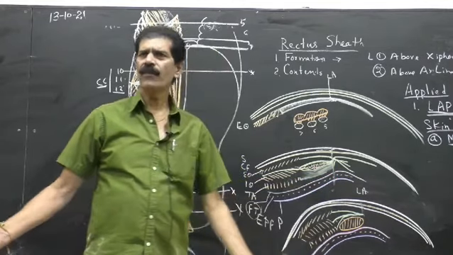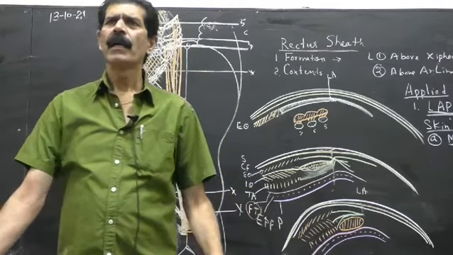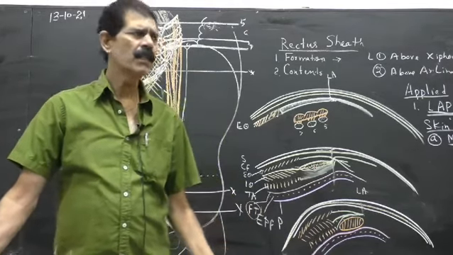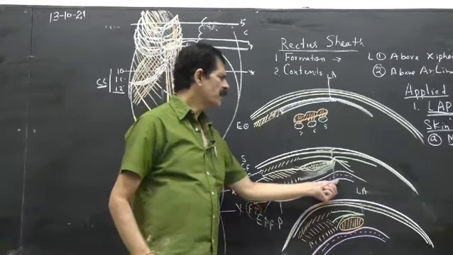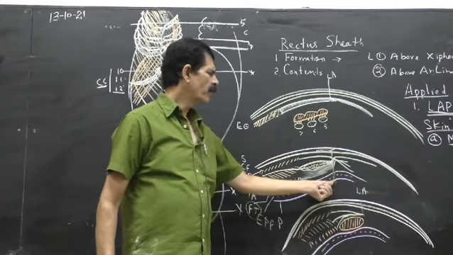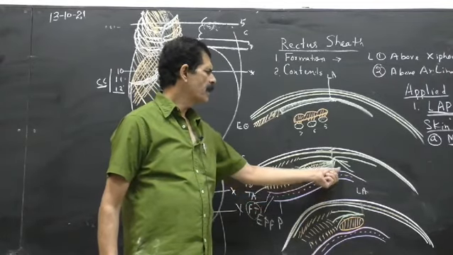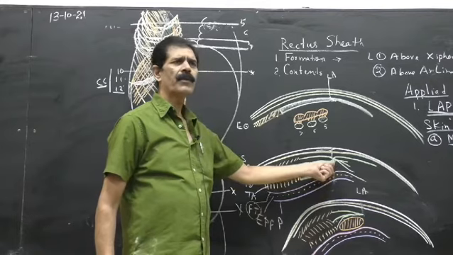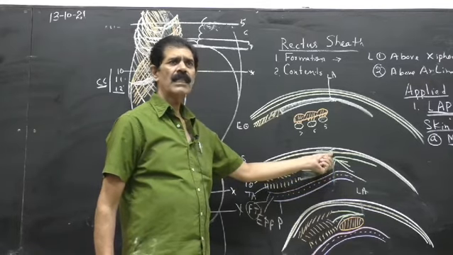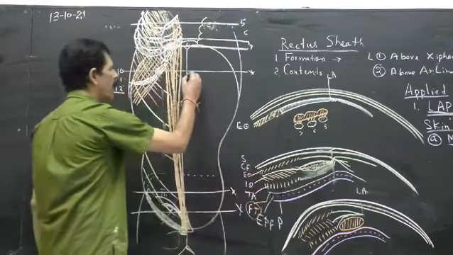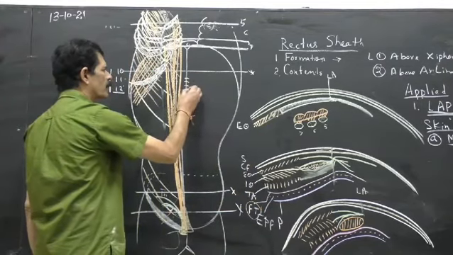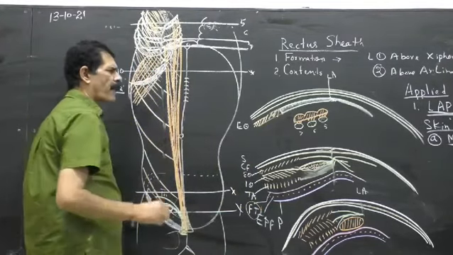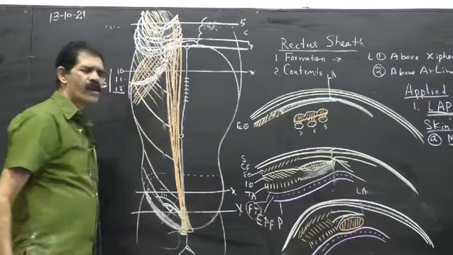It is an easy way. And after doing the operation, we stitch one by one. First the peritoneum, then all the aponeurosis, or we stitch the linea alba. Then we stitch the skin.